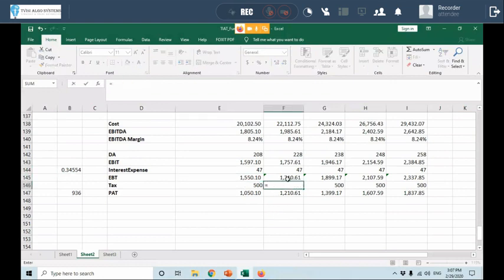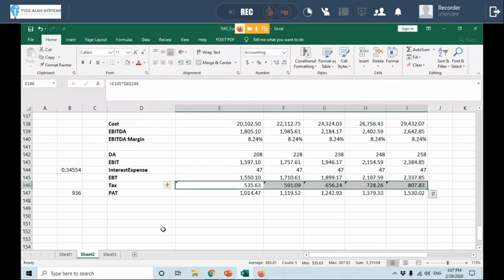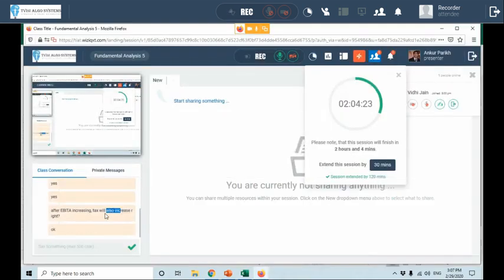I'll take the same tax rate, 34%, equal to this into this. I'm keeping this constant. Now fine, your tax rates are also increasing. Fine, Vidhi. So I have assumed in my model increasing taxes also.